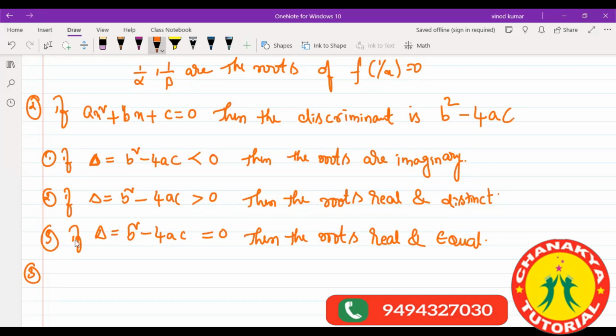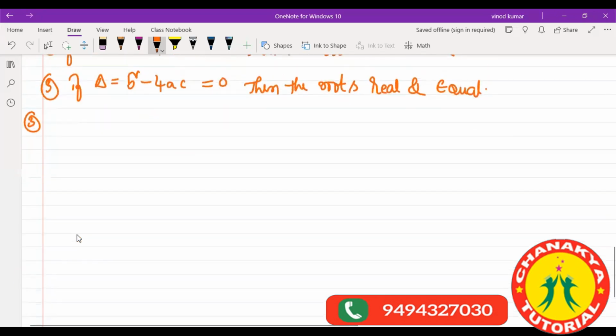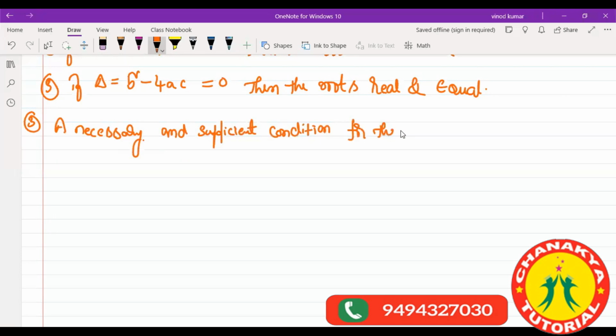And we have a necessary and sufficient condition for the quadratic equations.